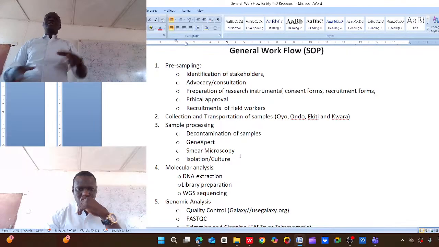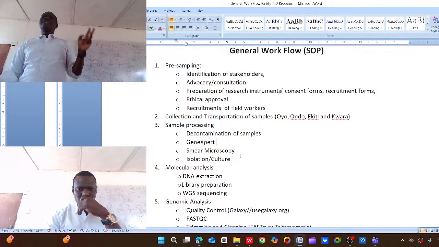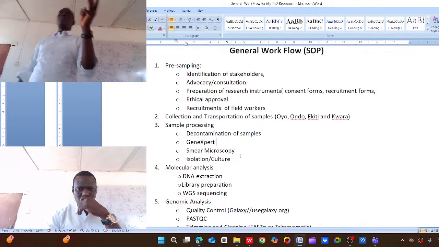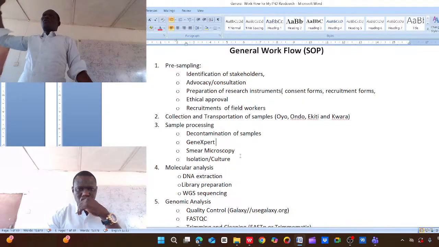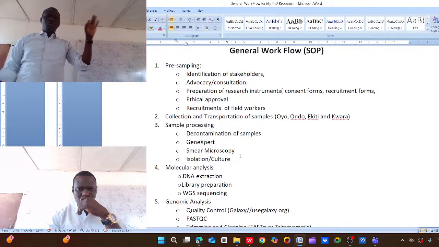Mycobacterium tuberculosis has 3 or 4 levels of resistance. The first one is monoresistance. That is when they develop resistance to any one of all the antibiotics. That is mono, but it has to be single.